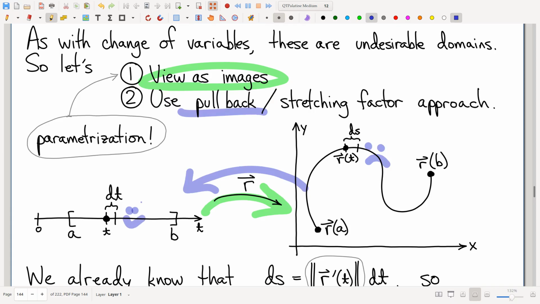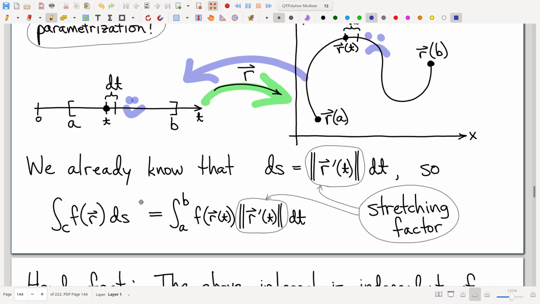Not because of corners or funny looking slices or anything like that, which was our motivation with change of variables, but because of this dimensional awkwardness. And so the parametric curve is this dimensionally awkward thing. It's a one-dimensional thing, but it's in a two-dimensional world. How do I deal? It pulls back to an interval, which is a one-dimensional thing in a one-dimensional world, and we're thoroughly prepared for how to deal with those kinds of integrals, and then details, of course.